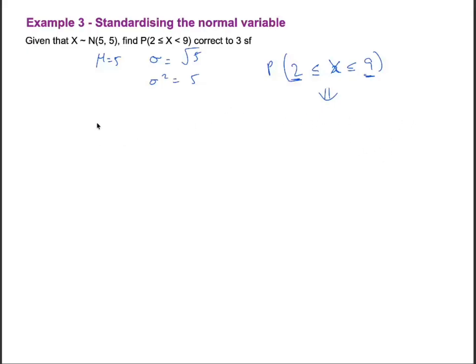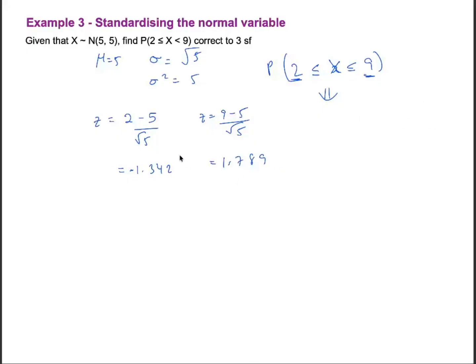So we're going to start off with our formula. Z is equal to x minus mu, so 2 minus mu, which is 5, divided by the standard deviation, which is root of 5. Then on the other hand, we have z is equal to 9 minus 5 over root 5. This first one will give us negative 1.342. This second one will give us 1.789.